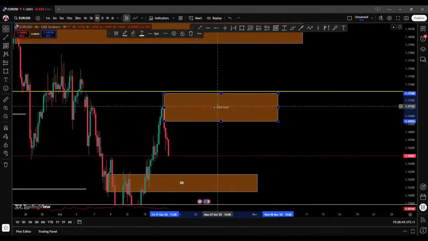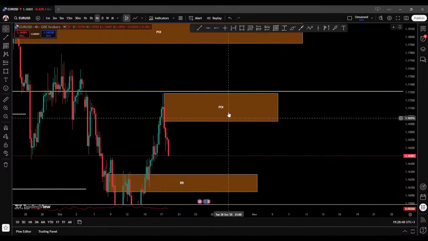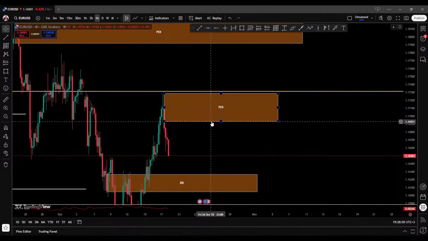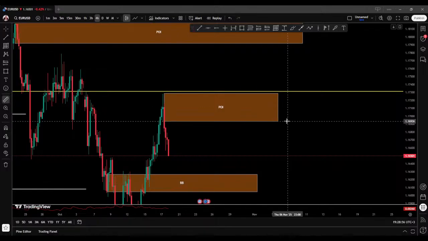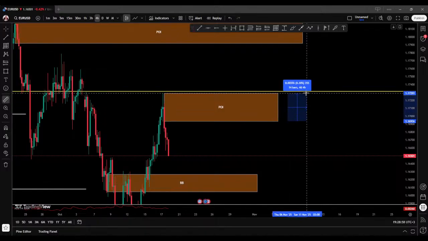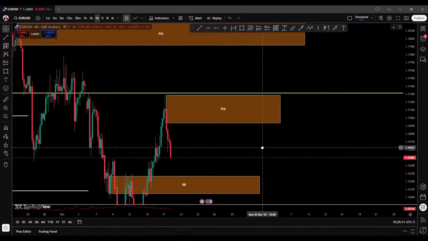So we have a good POI here, and this is what we will refine for us to get the sell that will come to what? That will come to this BB here. How many pips is this? 35 pips. We cannot risk 35 pips. This is Euro USD.